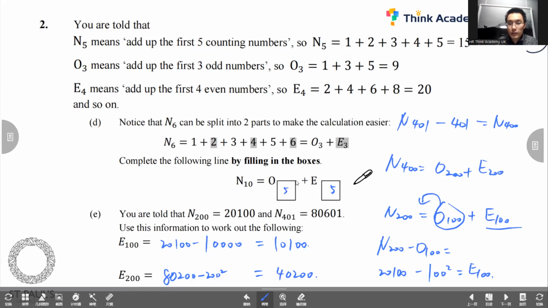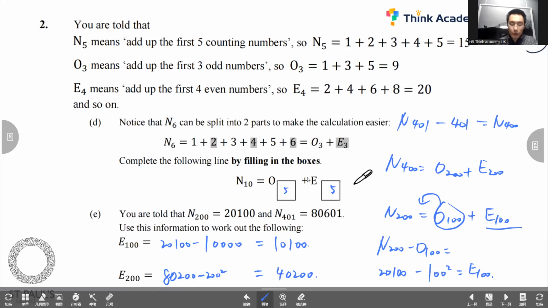N200 is known. It is 20100. Sorry, so it's 20,100. Write it down here. And then O100, we can find the value pretty quick. It's just 100 squared, which is 10000. Then the answer is easy to obtain. Do subtraction between these two numbers. That will give us 10100 as the answer for E100.